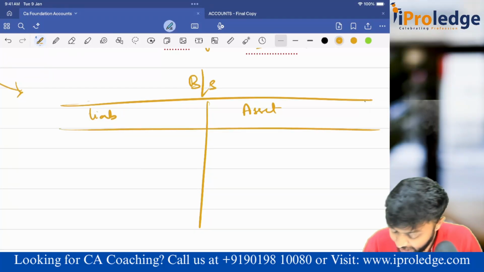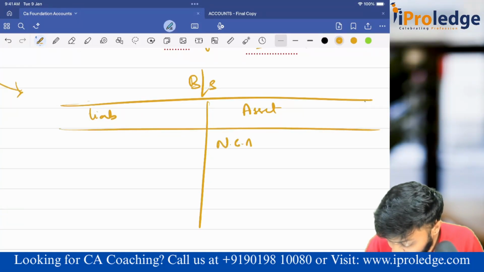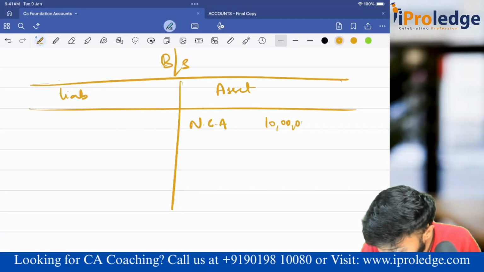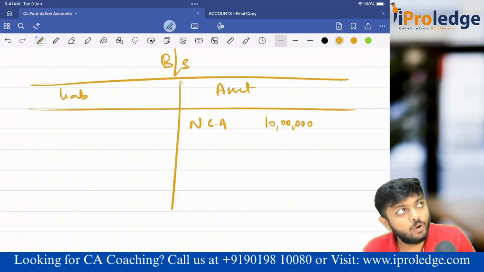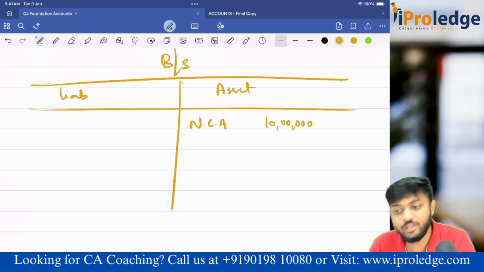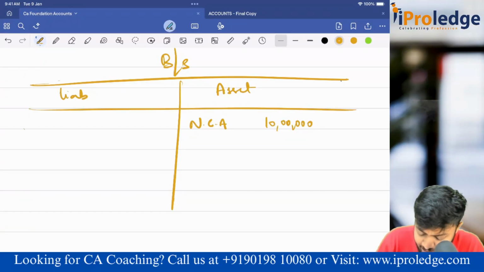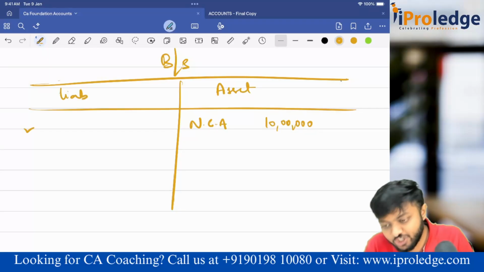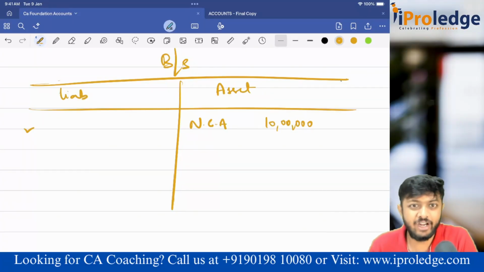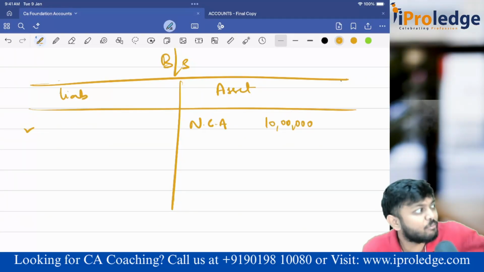Here it will be shown as non-current asset of 10 lakh rupees. And this accumulated depreciation, the provision for depreciation account, is like a liability. So will it go to the liability side? Technically, if it is like a liability, it should go to the liability side. But is it actually a liability? For the purpose of accounting, it is ulta nature of asset, which is like a liability. So the rules applicable are of liability, but it is not an actual liability. Am I supposed to pay someone? No.